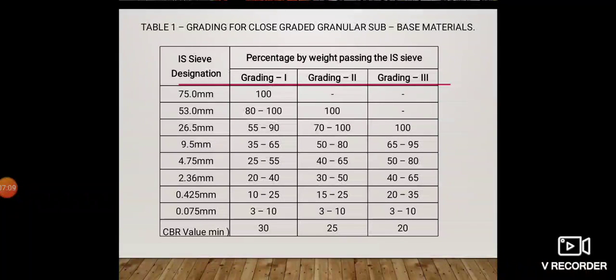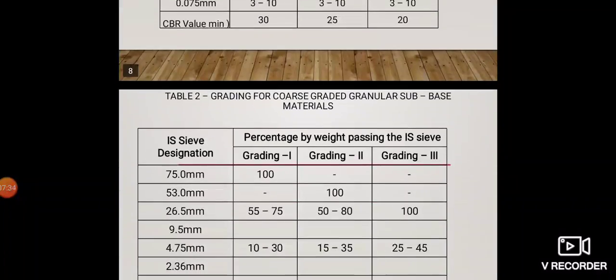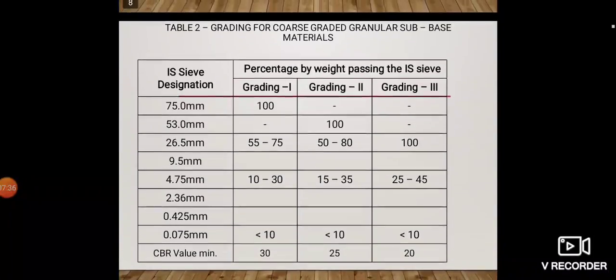Sieve sizes are given in the first column on the left, and they have mentioned the minimum CBR values for different gradations: 30, 25 and 20. So as the coarser gradation is there, the CBR required is higher, and it provides good drainage also.